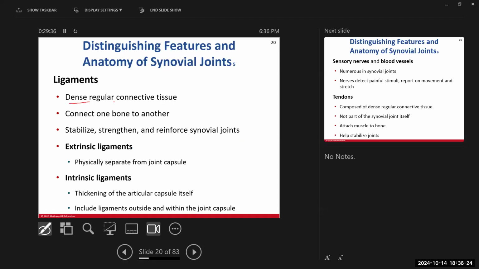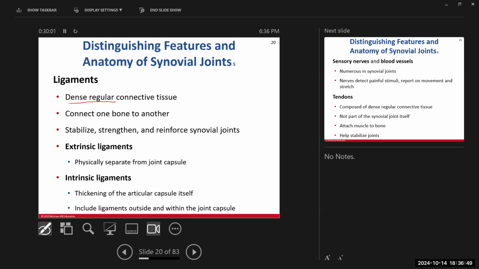You need to know that. Dense, regular connective tissue. So the job of the ligaments is to hold bones together, but their main function in that job is stability. Stabilize the joint, strengthen the joint, and make sure that abnormal biomechanical forces are not acting upon the joint.